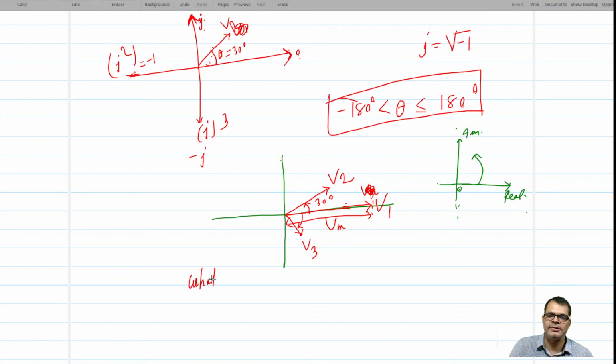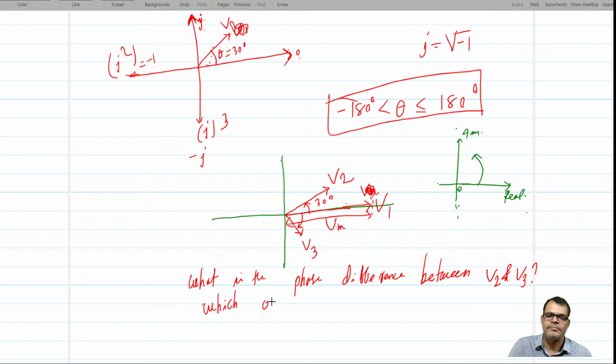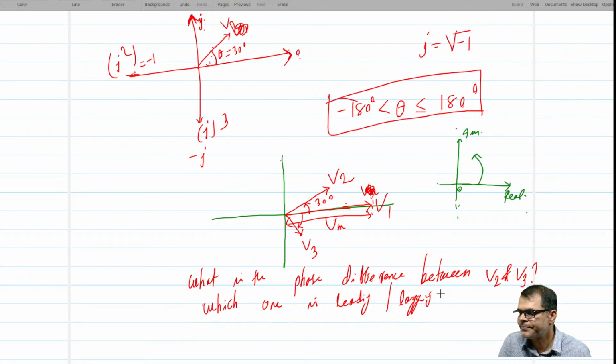Leading or lagging? If one is leading, the other one will be lagging. Can anyone say?